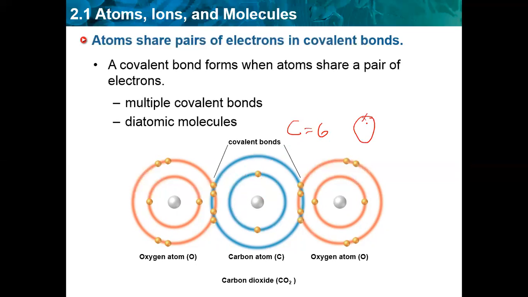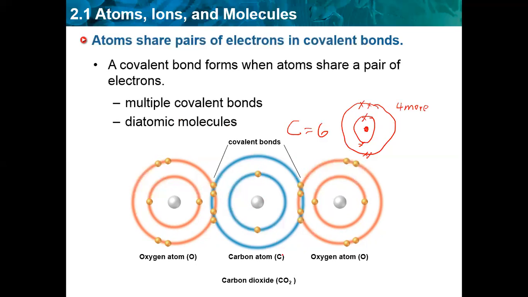It has 1, 2, and the next shell, which can have a maximum of 8, is going to have only 4. You're going to have 1, 2, 3, 4. So that is to say, it needs 4 more electrons to have the outermost shell completed. And as a result of this, it can form a covalent bond.